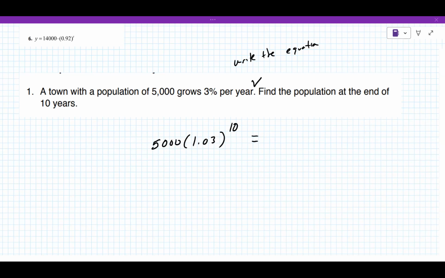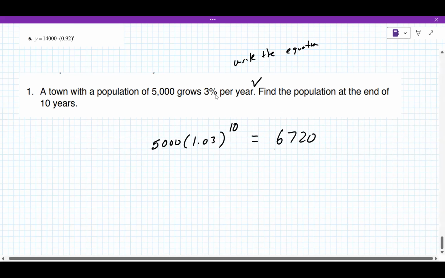I got 6719.581. So round to the nearest human, to the ones place, so 6720. Yes. And whether that's reasonable or not, we don't know, but that is what 3% means.